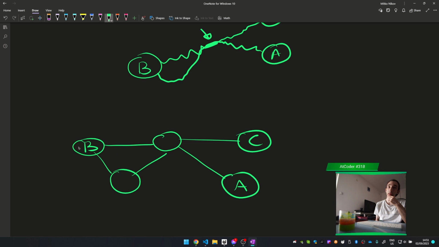And then, let's say this is an articulation point, right? And then if I go, I will end up in this. This is no longer a simple path.